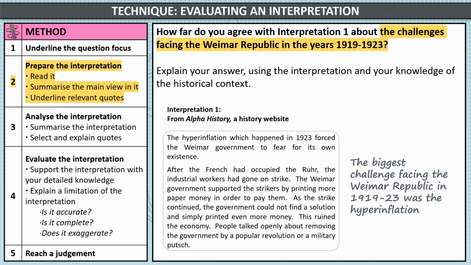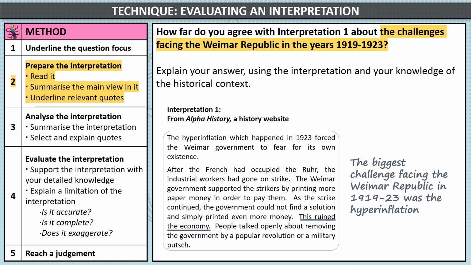I'm particularly interested in anywhere where I can see a strong opinion. So I've already spotted that it says the hyperinflation ruined the economy. Now that word ruined is quite strong opinionated language. It suggests that the economy was completely wrecked.